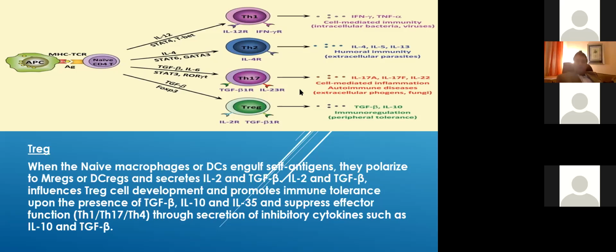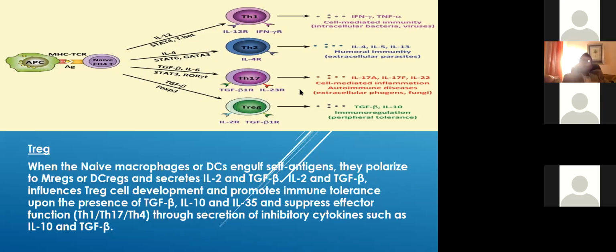Both of those cytokines influence the polarization of the T lymphocytes into Treg, and then the Treg starts secreting interleukin 10 and transforming growth factor beta, which feed back positively and increase the polarization of macrophages into M-reg and DC-reg. So it's a positive feedback, moving the immune system in that direction.